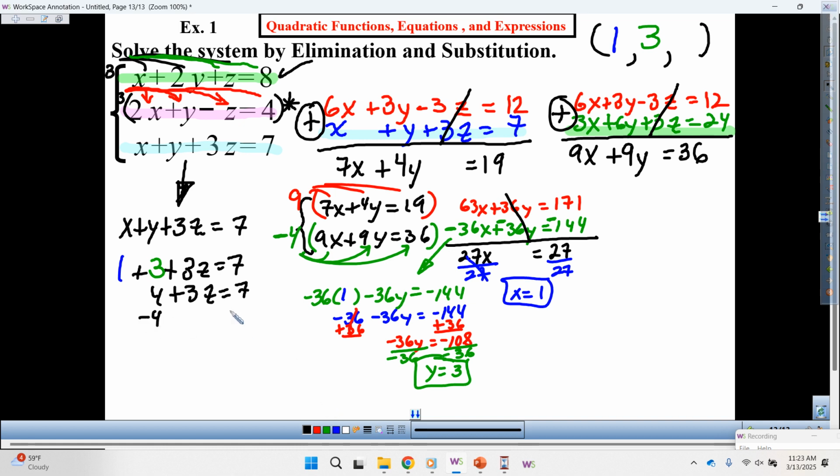And we solve. Minus 4 minus 4. 3z equals 3. Divide by 3. Z equals 1. Solution.